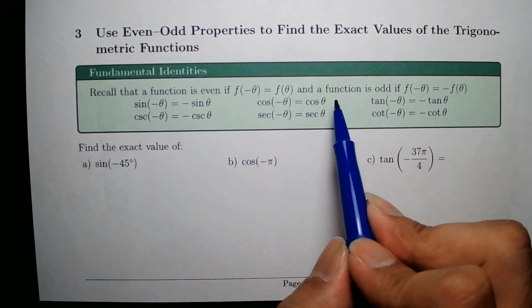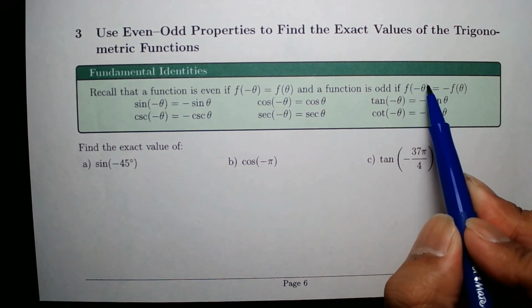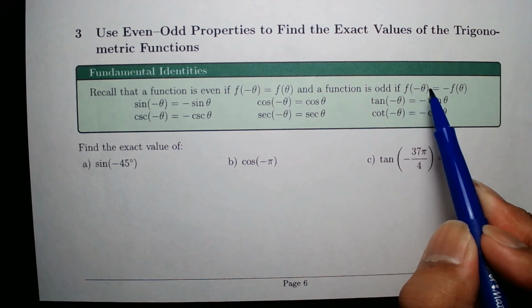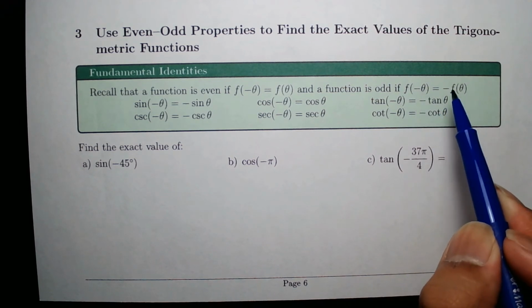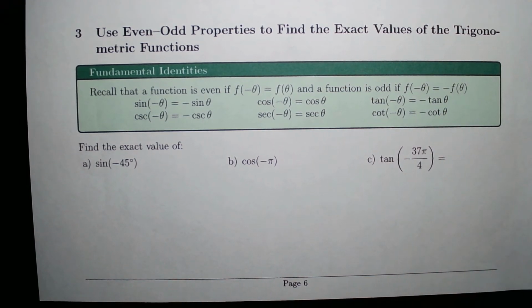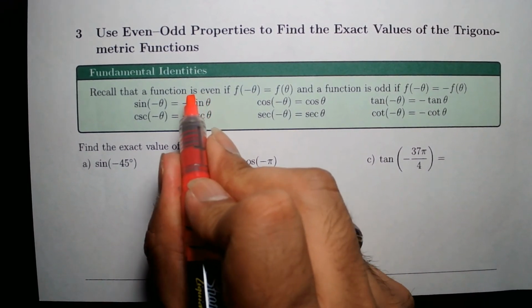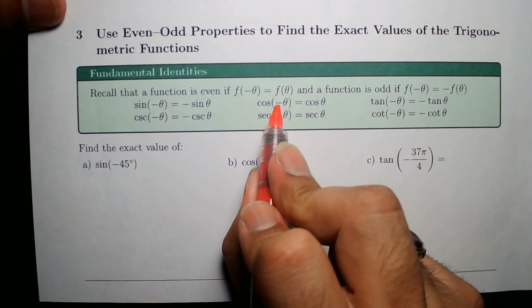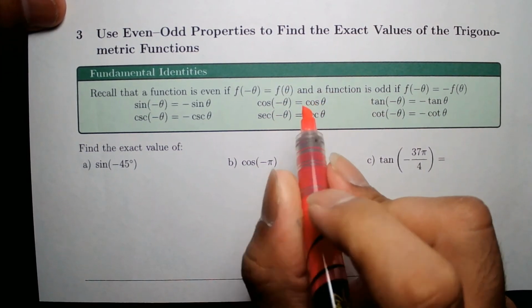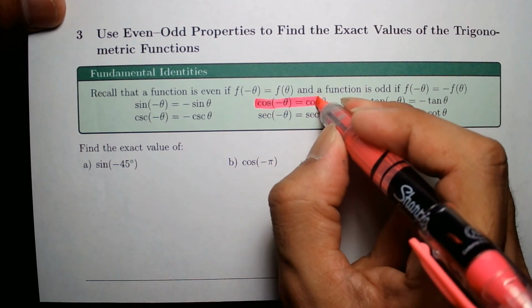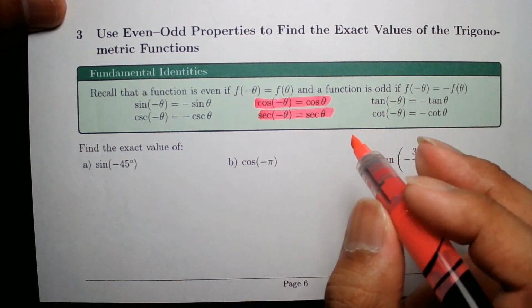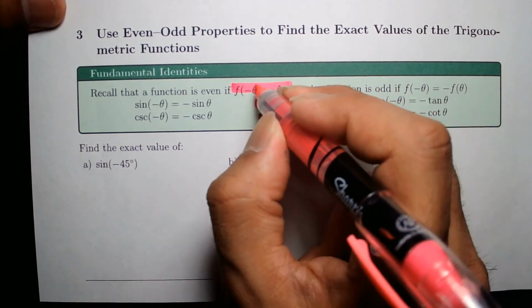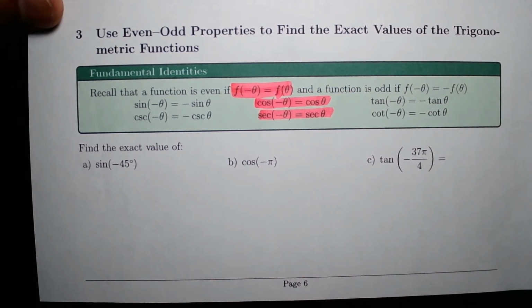And otherwise, it's going to be odd if we evaluate the function at a negative value and its output is negative. In this case, the only functions that turn out being even, in other words, that you plug in a negative and the negative disappears, are the cosine and its reciprocal, which is secant.